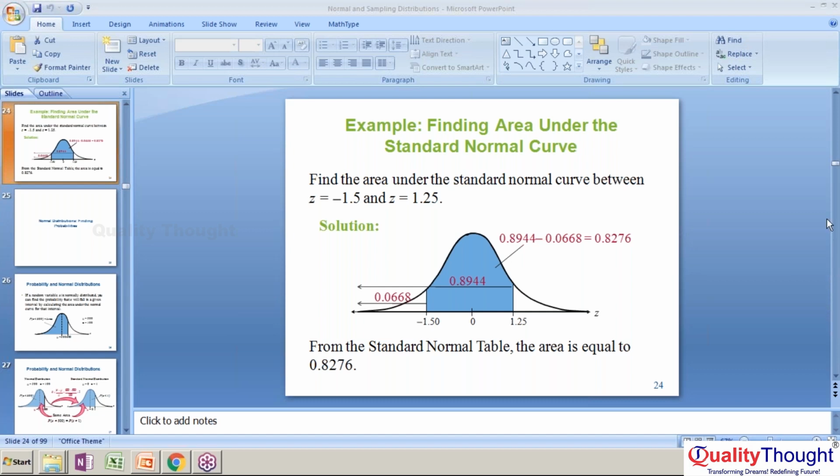Confirm whether you have opened it or not, so that we could start our practical stuff in different ways, so that we finish the normal and sampling distributions today. At least normal distributions today.